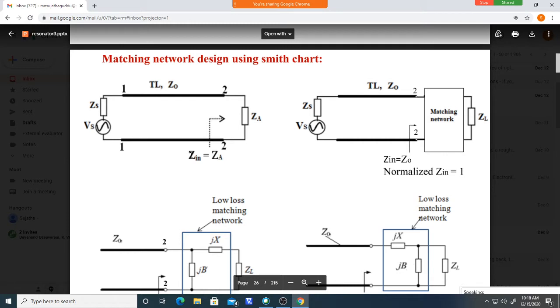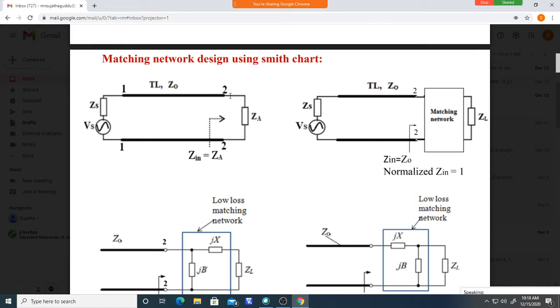Now you see, without an impedance matching network, what is the impedance between two? If you're looking in this direction, it is equal to ZL. But maximum power will not be delivered because ZL is not equal to Z naught.